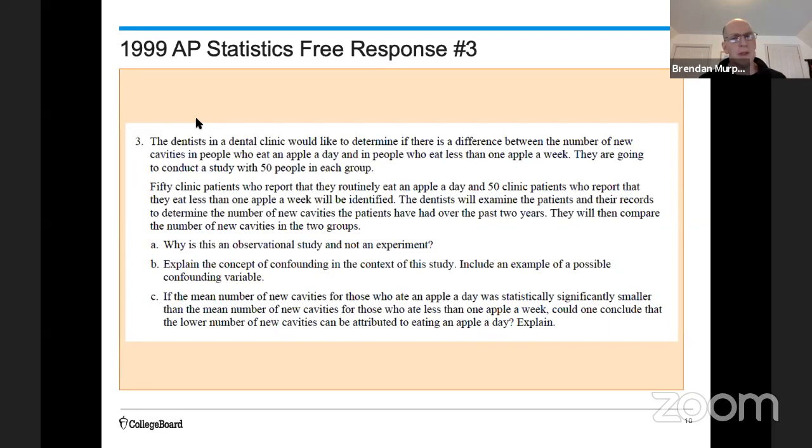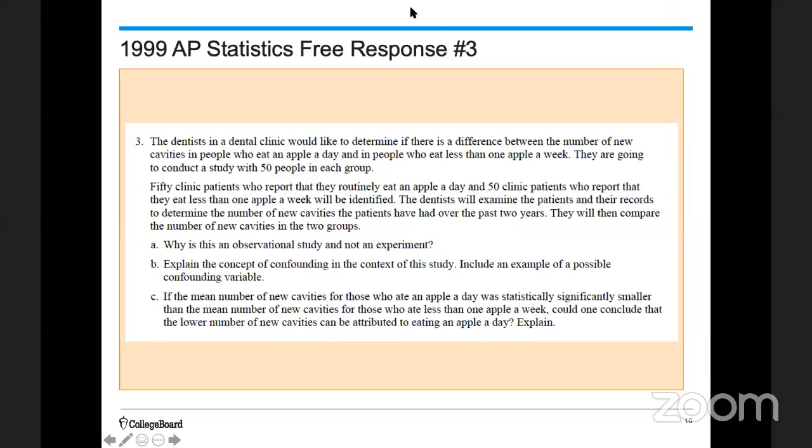So at first I was thinking maybe this is an experiment, and now I'm leaning more towards an observational study. It feels like we've identified some people and the dentists have just looked at their records and made some notes. They will then compare the number of new cavities in the 2 groups.